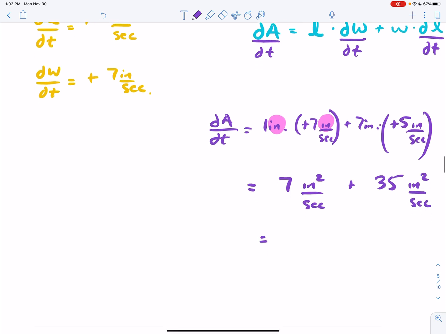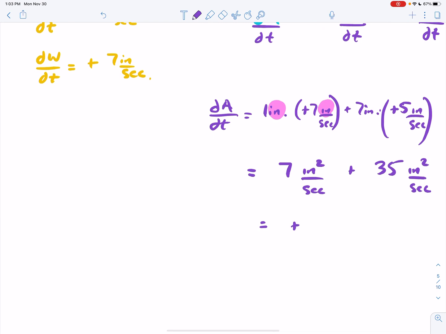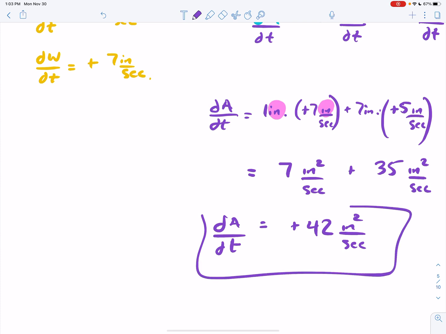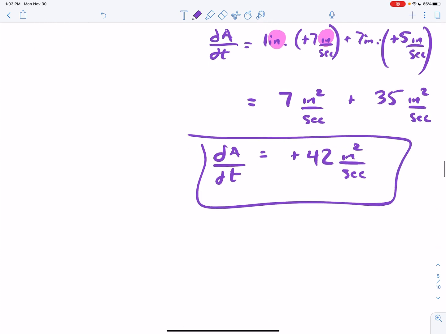Okay? So that gives me a positive 42 square inches per second. What does this all mean, right? Okay, so first off, that's your answer. What this means is that the area is increasing at a rate of 42 square inches per second.